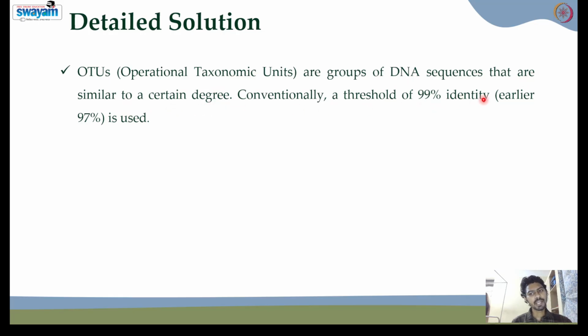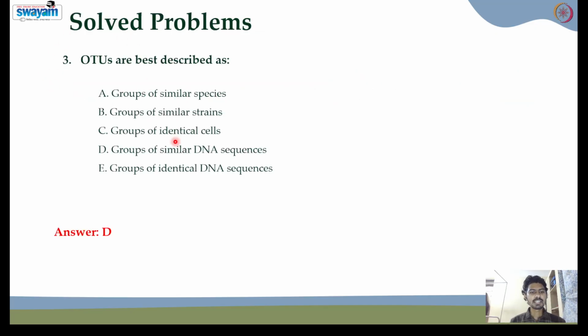Conventionally, a threshold of 99% identity is used, because earlier 97% was used. It depends upon the samples and the sequence that you need to use. It varies, but traditionally 97% is preferred. So OTUs are nothing but similar DNA sequences, not identical DNA sequences.